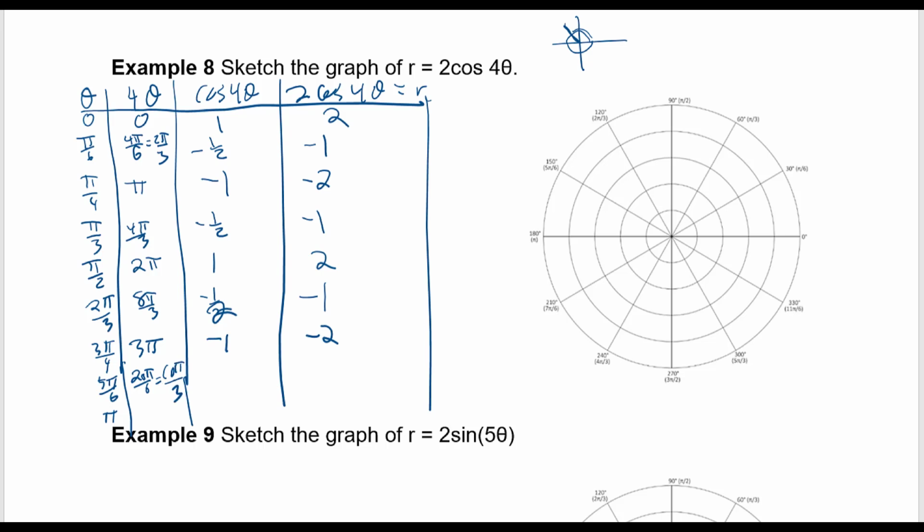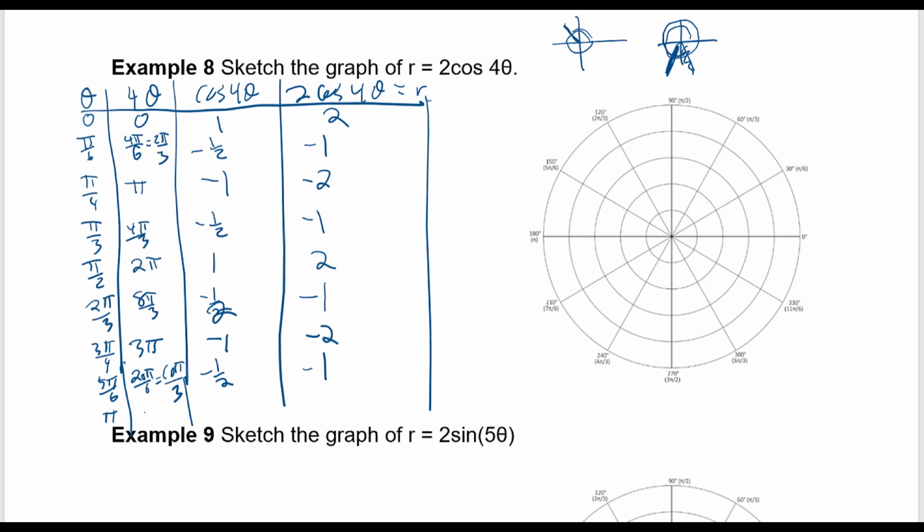Okay, so that means 10 pi over 3. 12 pi over 3 would take us around twice, so we're looking at here. No, it's going to be over here. That's 11 pi over 3. Okay, so we know it's going to be negative 1/2. 2 times that, excuse me, is negative 1.